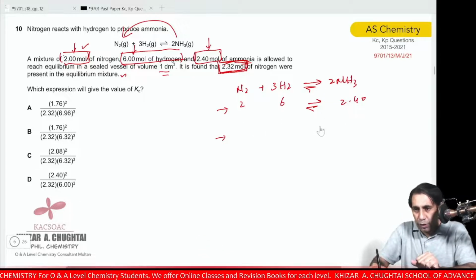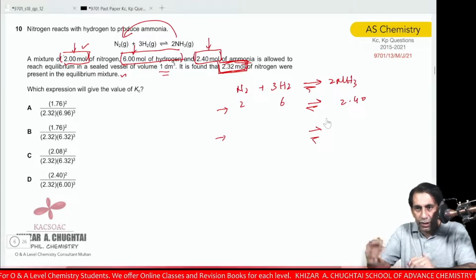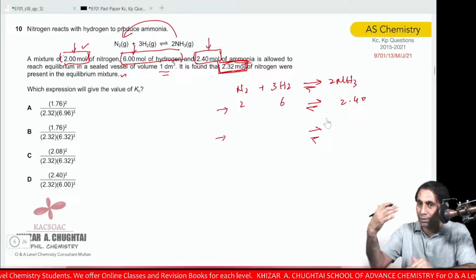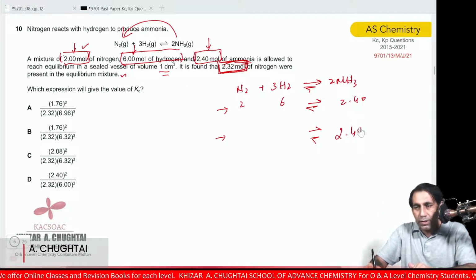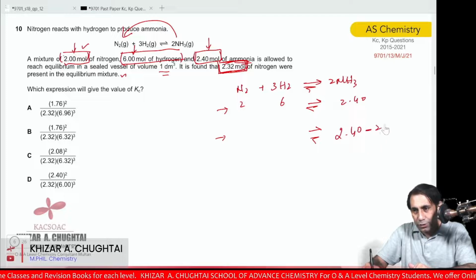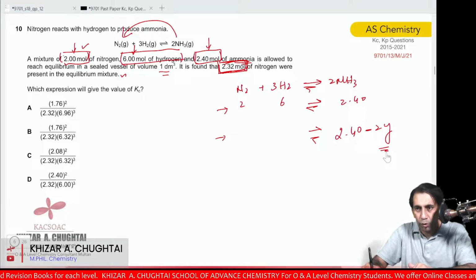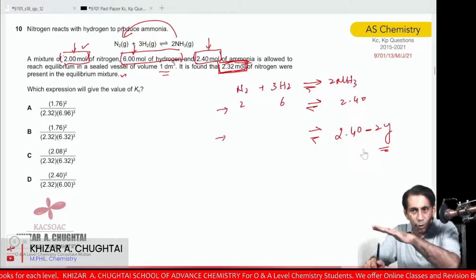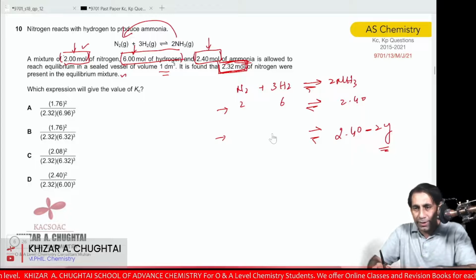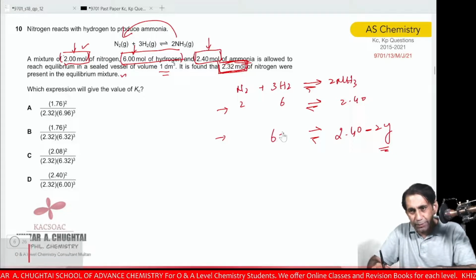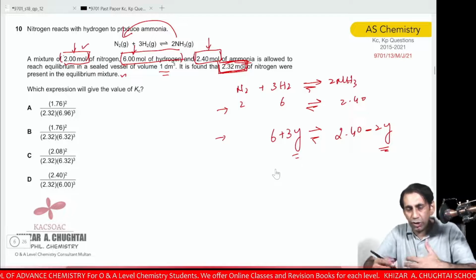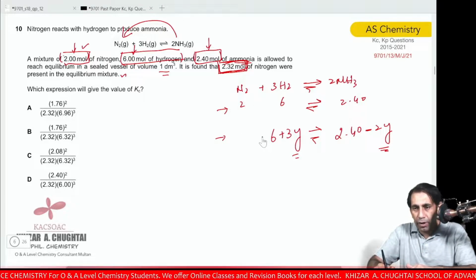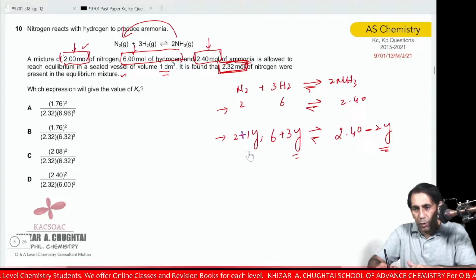So I am going to write the expression. If the reaction is moving on the left hand side, for ammonia it is 2.40 minus 2y. This is the change in mole. I mean, the overall reaction is moving in a backward direction. Here, the initial mole of hydrogen is 6 plus 3y, where y is the change in moles. And for nitrogen, 2 plus 1y.